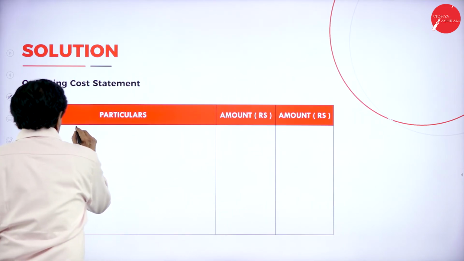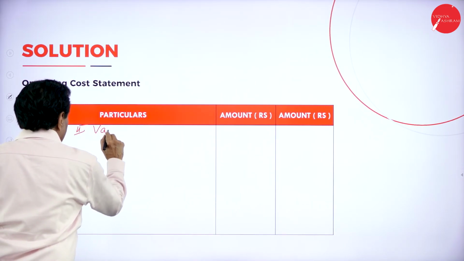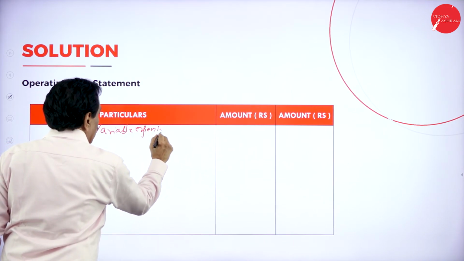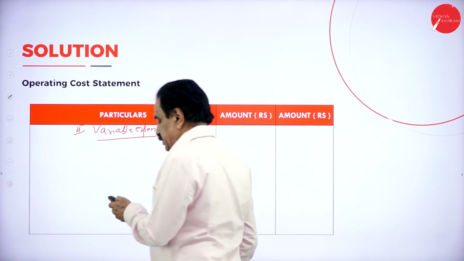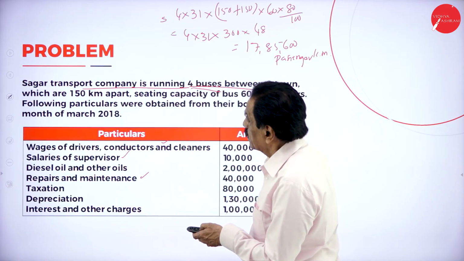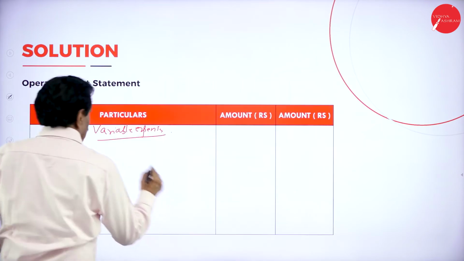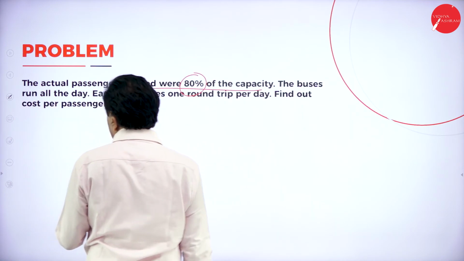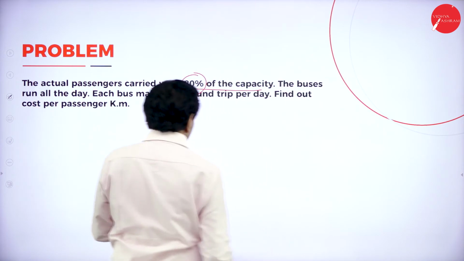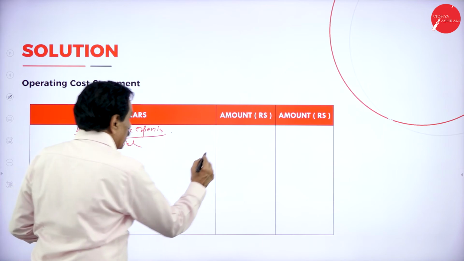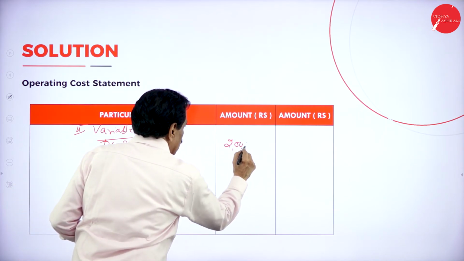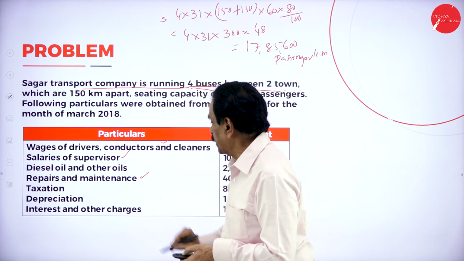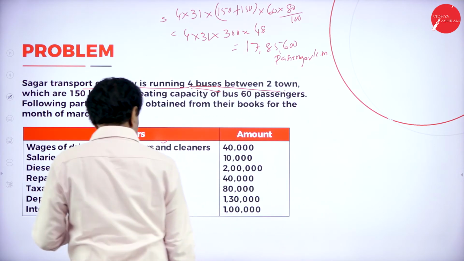Then number 2, variable expenses. Here diesel. What is the total cost? See that? Diesel and oil 2 lakh. Diesel over. Repairs 40,000.